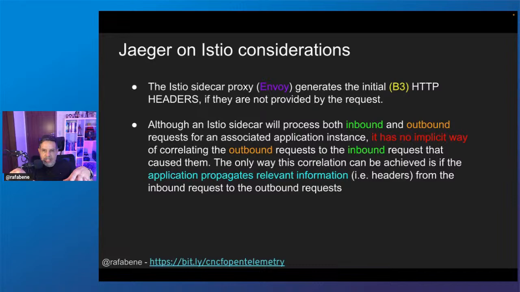This is part of the documentation. It's not automatic, right? It's not that using Istio, everything is ready to start tracing. We need to make our applications aware of tracing data using OpenTelemetry.